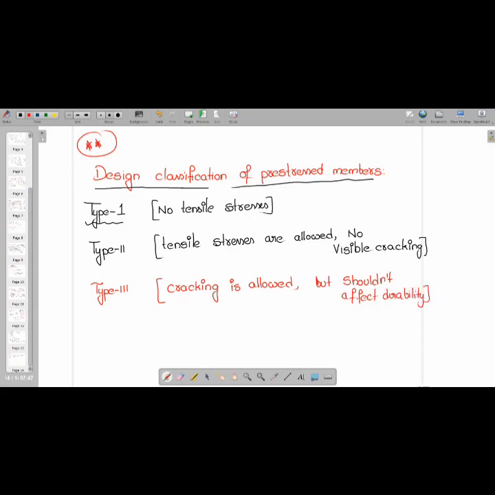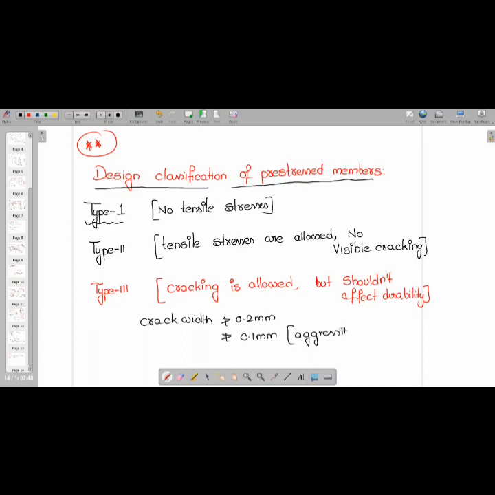So here what I would like to tell you is the limits of the crack width. Crack width should not be more than 0.2 mm, or it should not be more than 0.1 mm in case of aggressive environments.